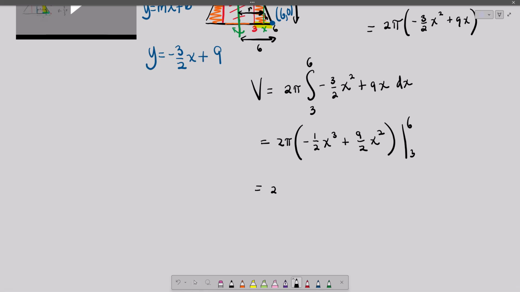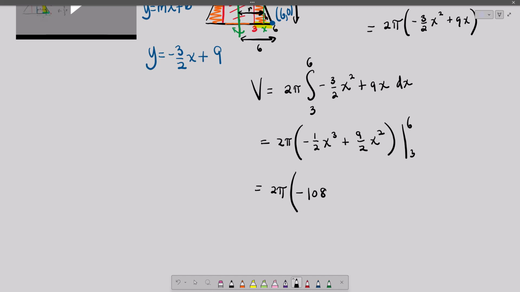Plug in our limits of integration. So plugging in 6, we're going to have 6 times 6, which is 36, multiplied by 3. Or I think that's negative 108. 216 divided by 2 is another way to think of it.